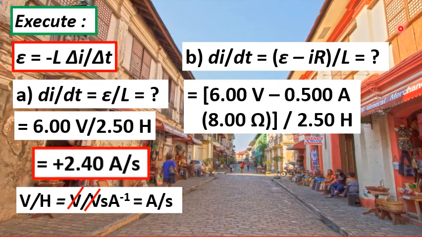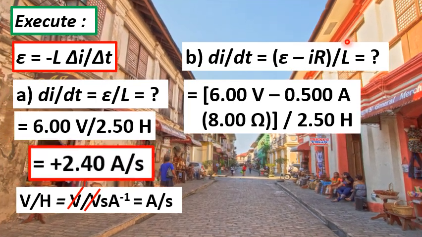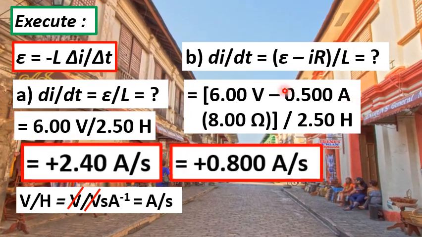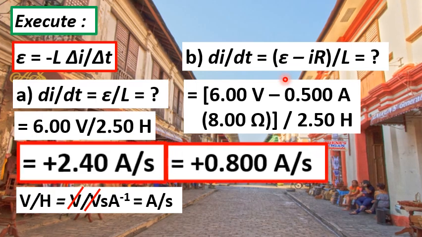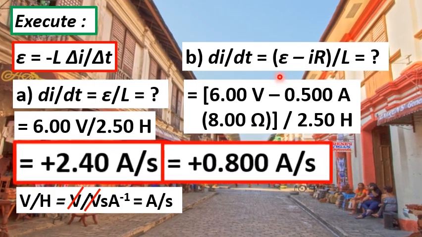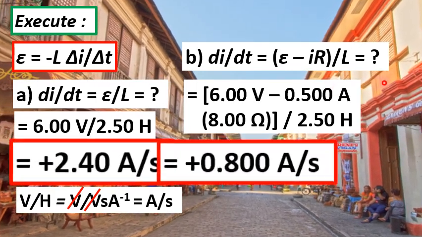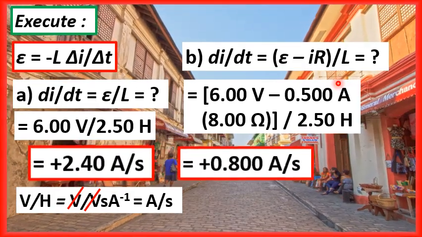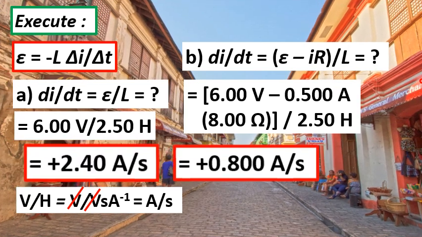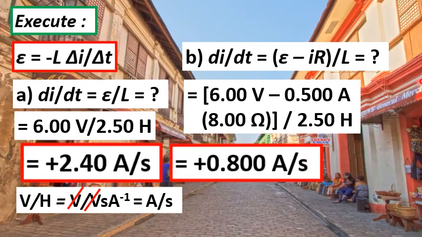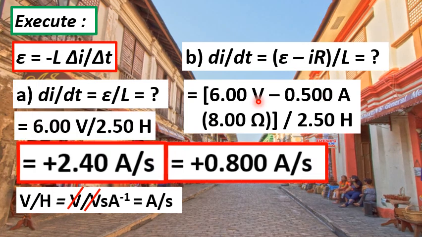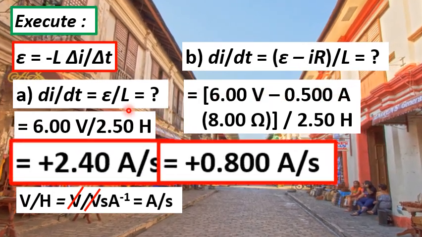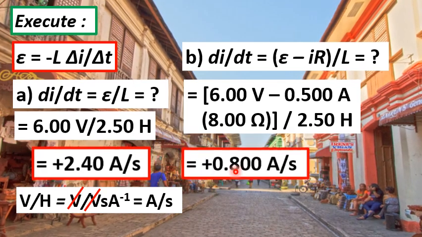So when we do the math, we get the value of the rate of increase in the current, di over dt, equal to positive 0.800 amperes per second. Notice that at this instant, the rate of increase in the current is, as expected, less than the rate of increase in the current at time equals 0.